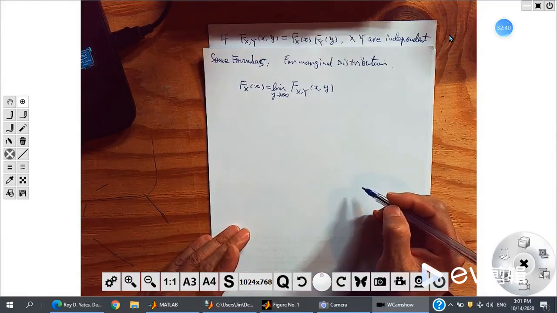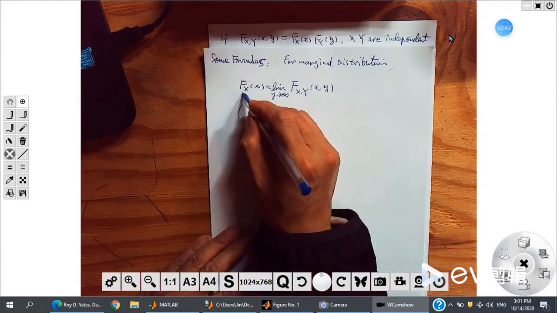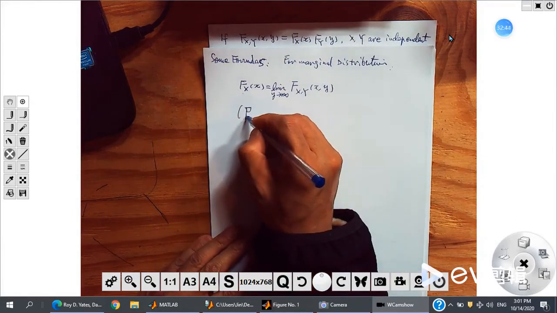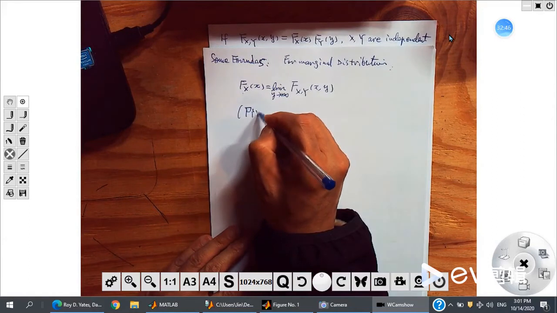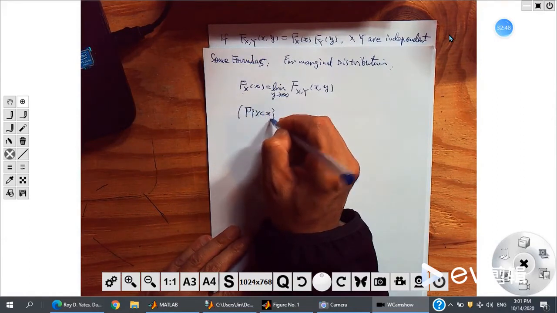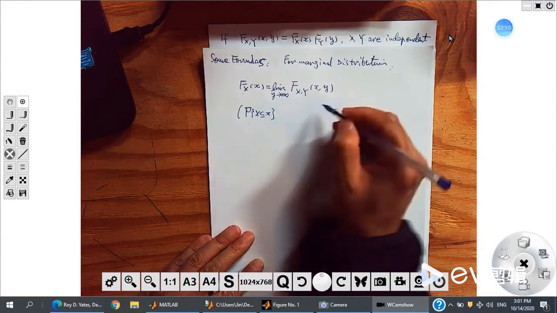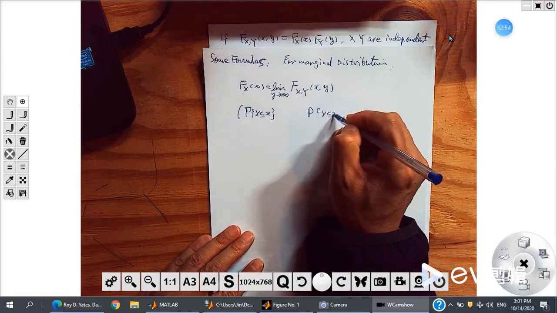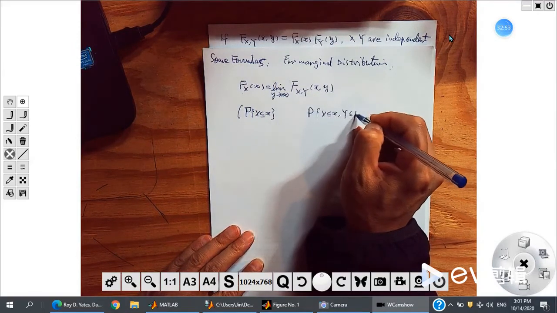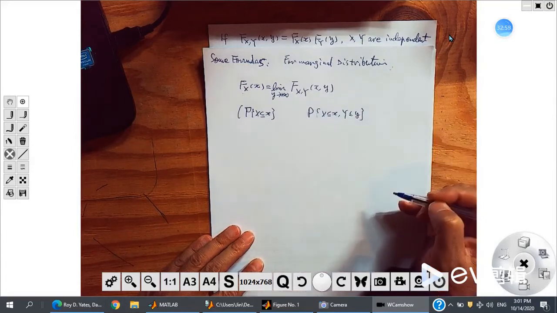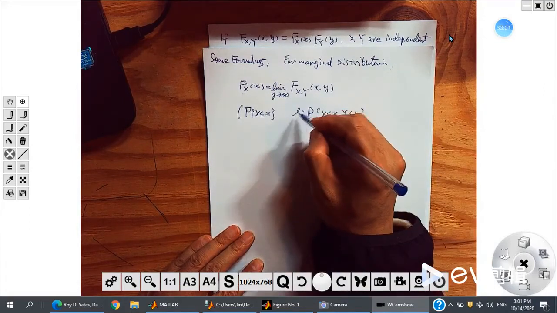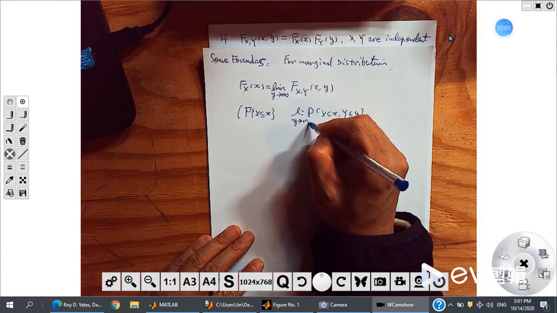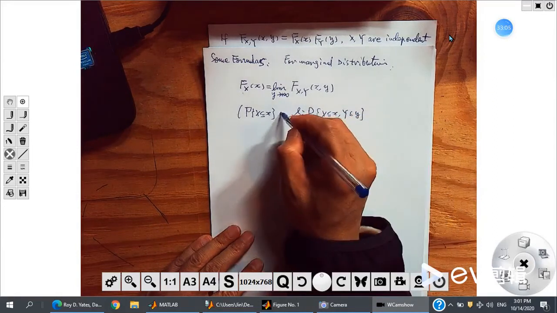Does it make sense? This is the probability of X smaller than or equal to x, and this one is the probability of X smaller than x and Y also smaller than y, and let y go to infinity. Are they the same?